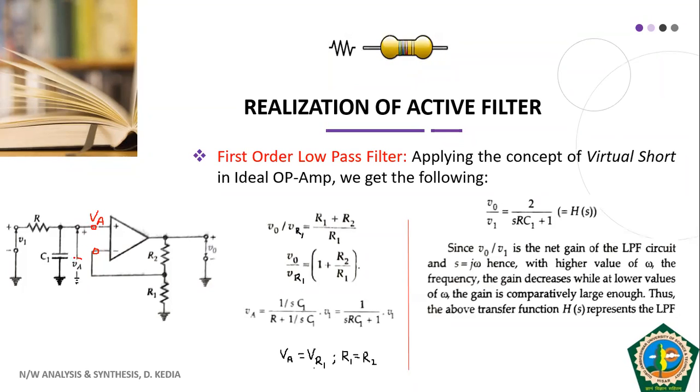And at this second point we have the voltage, say VR1. Why am I saying VR1? Whatever is the voltage across this R1, we are representing it as VR1, and that voltage is going as feedback here. So according to the concept of virtual short, we have to make this voltage VA equal to VR1.